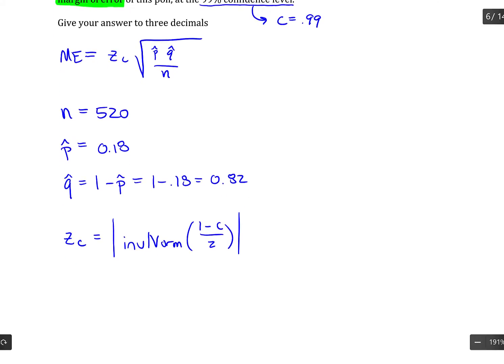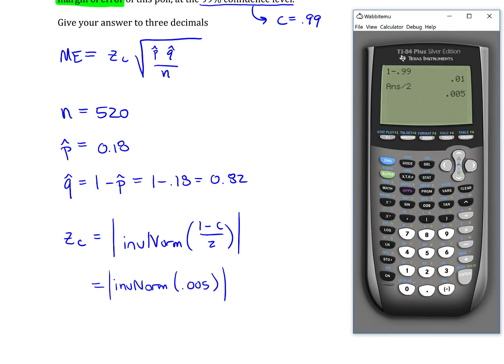So now I need to find the absolute value of the inverse norm of 0.005. Using the calculator, I'm going to hit second and vars, which brings up my distributions menu. The third item down for me is inverse norm, and it can take up to 3 inputs.